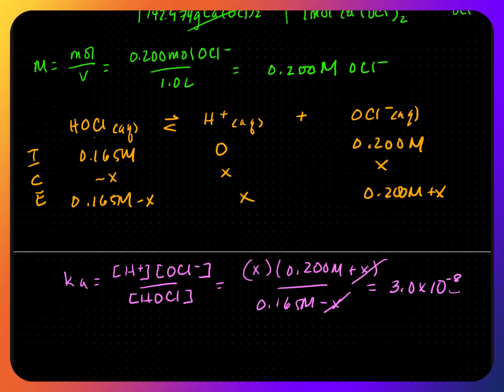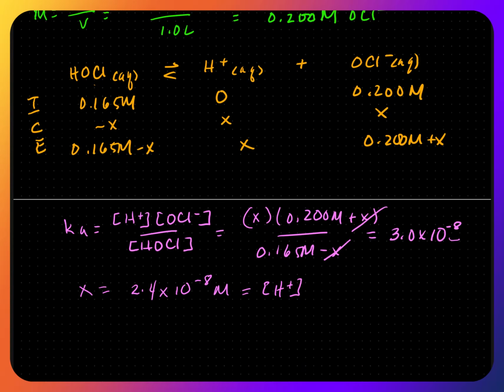So if I solve for x, x equals 2.4 times 10 to the negative 8th, which is really tiny. If I subtract it from 0.2, it doesn't even affect the answer. Molar. So this will be your concentration of H plus.